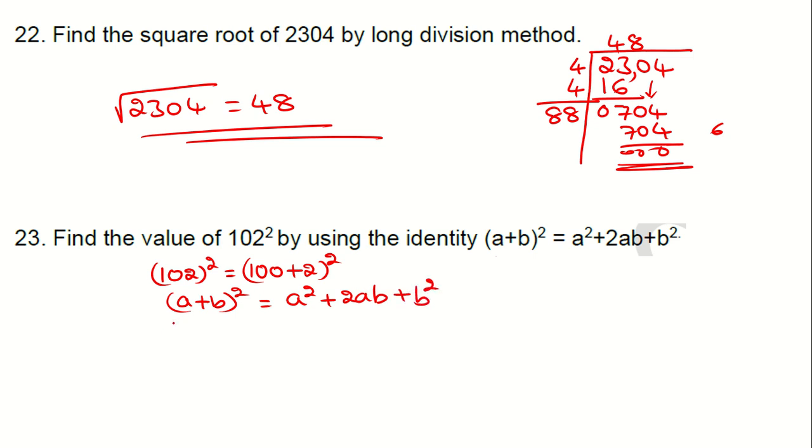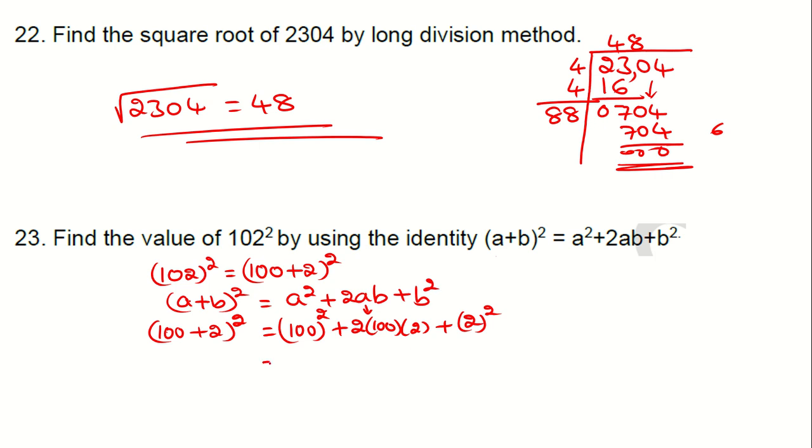Now in the place of a we substitute 100, and in the place of b we substitute 2. So we write 100 whole square plus 2 into 100 into 2 plus 2 square.